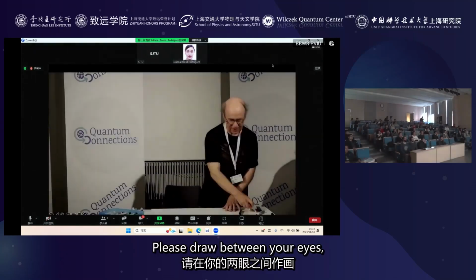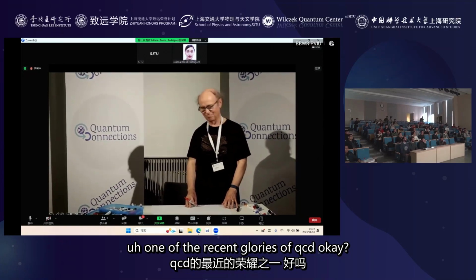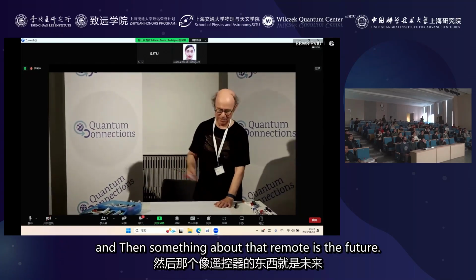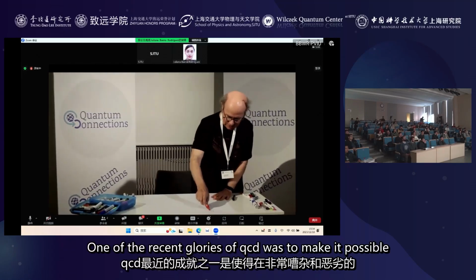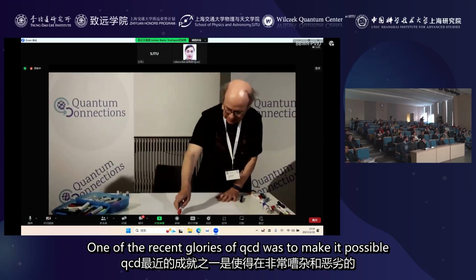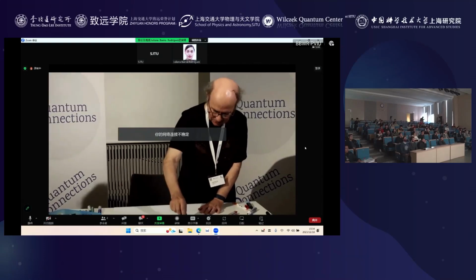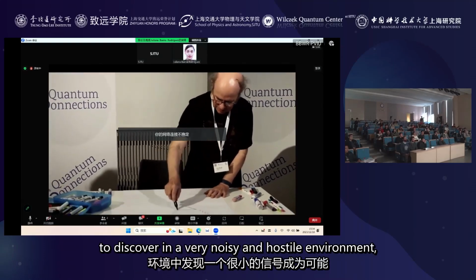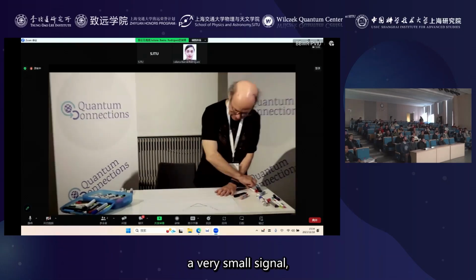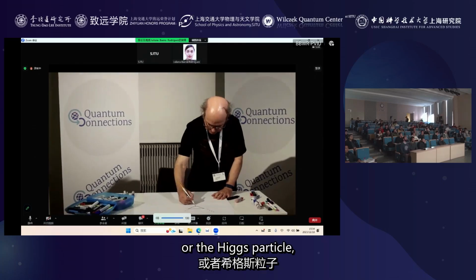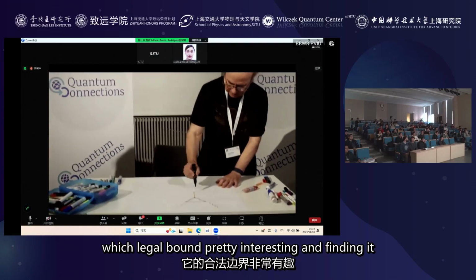Point to draw before your eyes one of the recent glories of QCD, and then something about what we hope is the future. One of the recent glories of QCD was to make it possible to discover in a very noisy and hostile environment a very small signal called the Higgs particle, which people found pretty interesting.